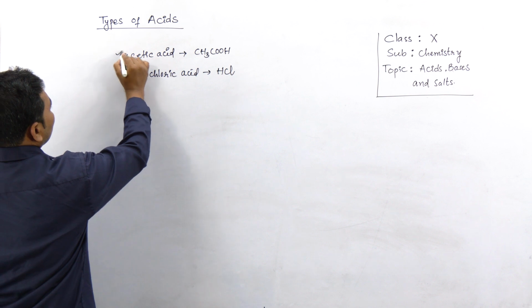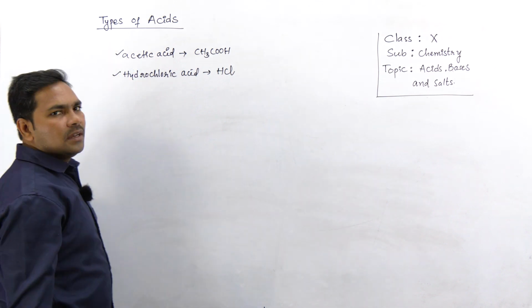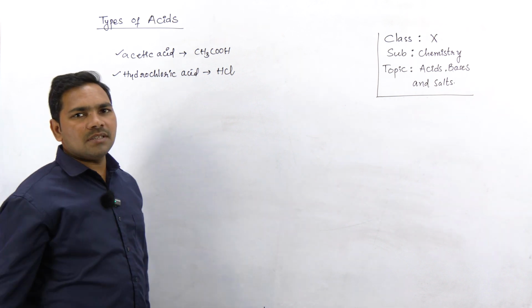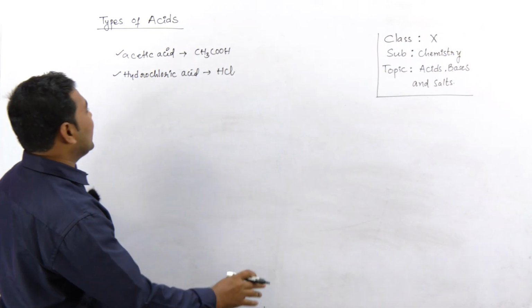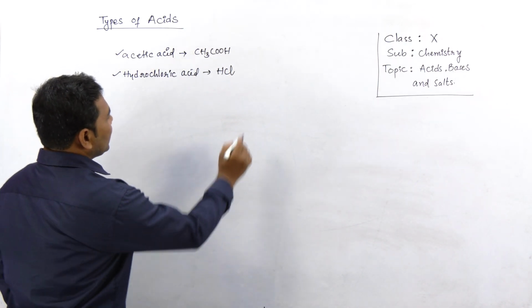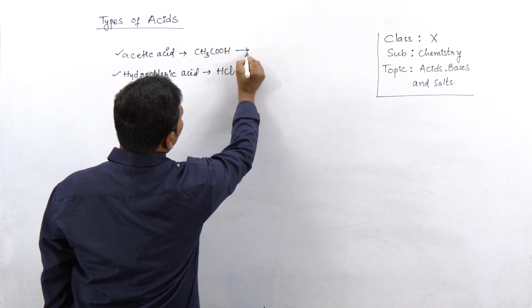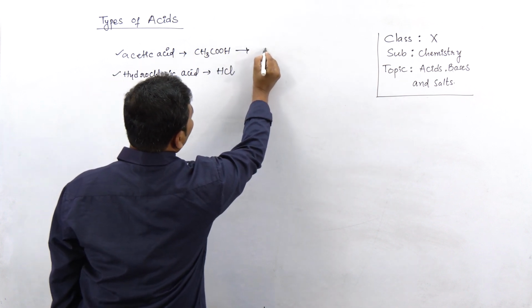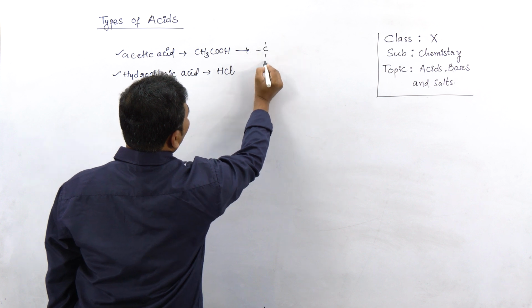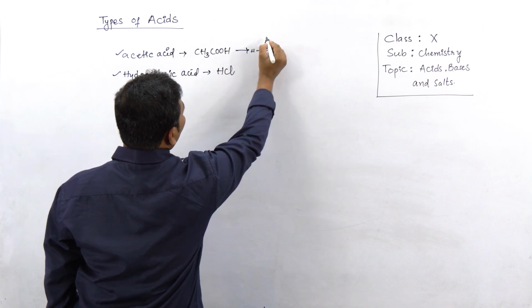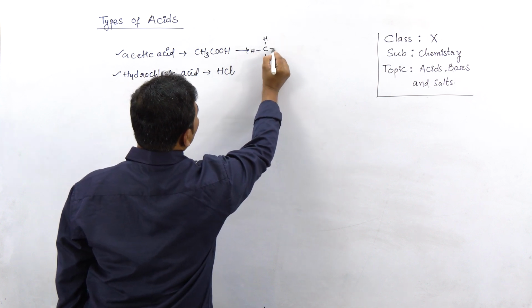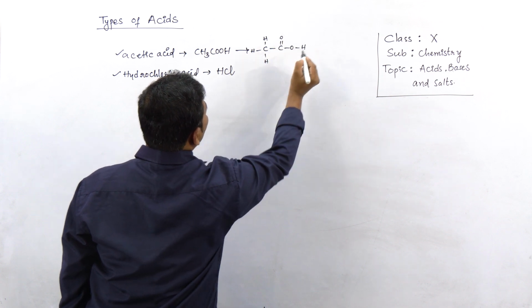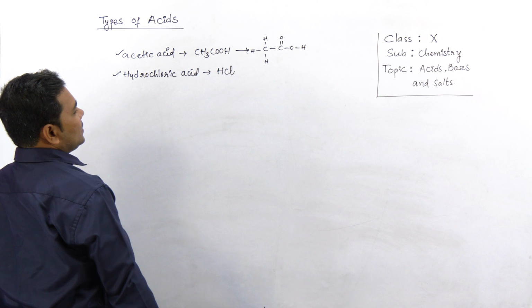This is an organic acid. This is an inorganic acid. But why are only these substances considered acids? If you see the structural formula of acetic acid, it will be like this: CH3, carbon valency 4, so carbon can form 4 bonds, COOH. This is acetic acid.